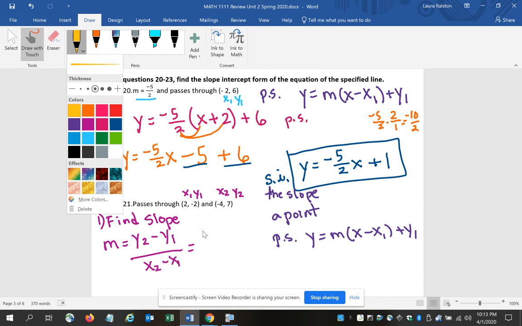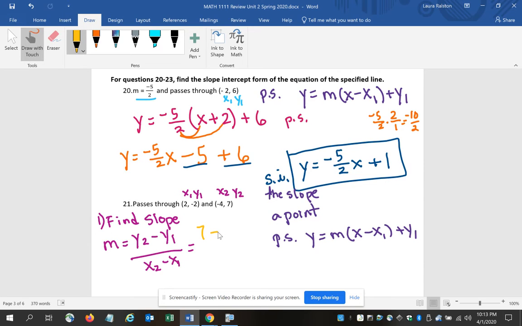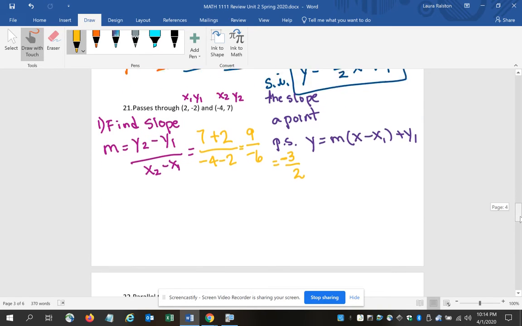So I would have 7 minus a -2, so that's 7 plus 2, over negative 4 minus 2. So I have 9 over negative 6, and I believe that fraction will simplify. 3 goes into 9 3 times, 3 goes into 6 2 times, and it's overall negative. And we prefer to put the negative in the numerator. So my slope is negative 3/2.